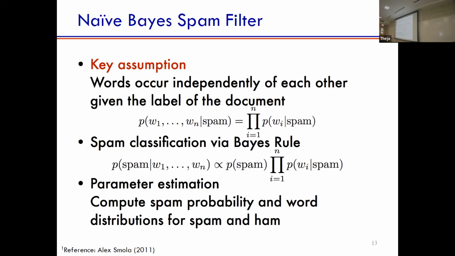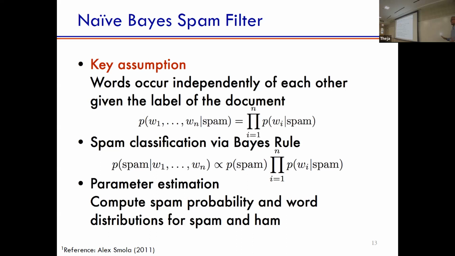This representation is just a product, i equals 1 to n, of n such terms. All you're saying is, given the label, W1 is independent of W2, W2 is independent of W3, all of them are independent of each other. So this statement is a conditional independence statement.